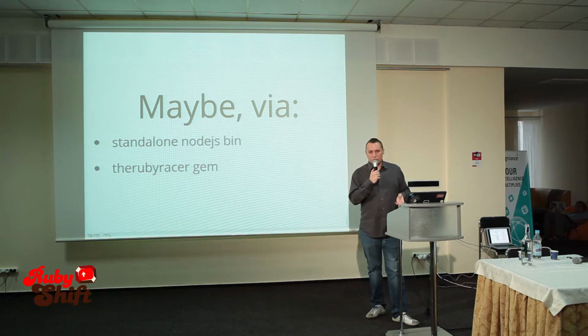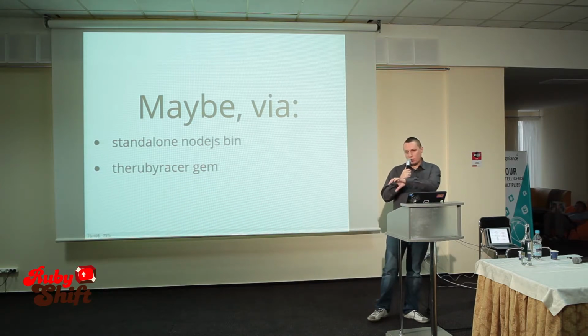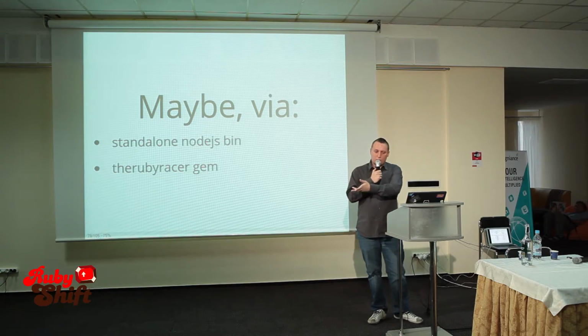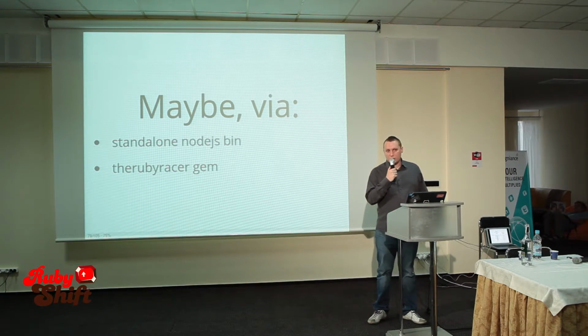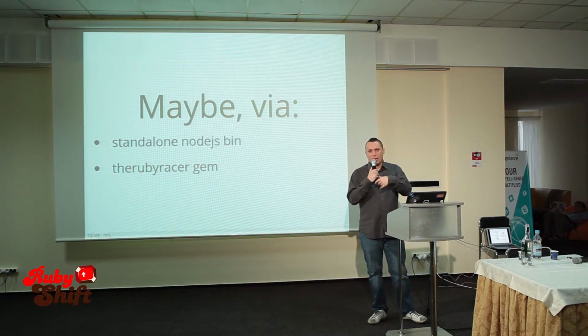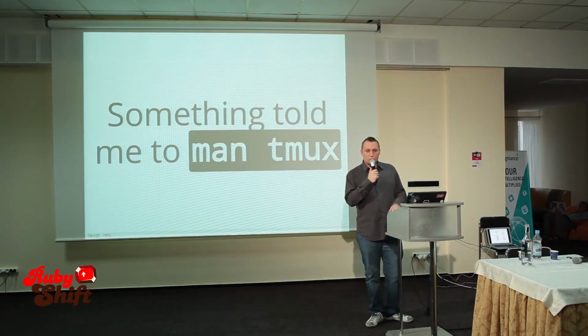I could use the standalone Node.js bin and run it with some script, which includes my whole interpreter. Or there was the option to use the Ruby Racer gem, which you can use from Ruby and interface with JavaScript classes and functions. So that was an option. I wasn't familiar with Node.js that much to try it, but something told me to look into the manual for Tmux.